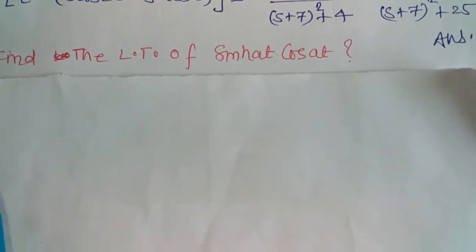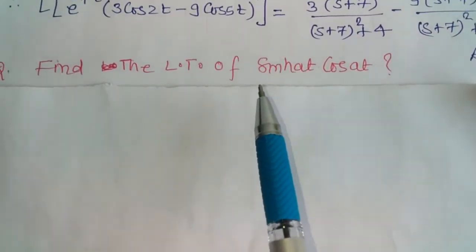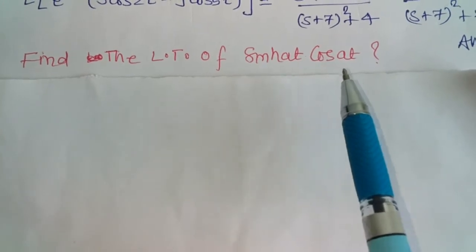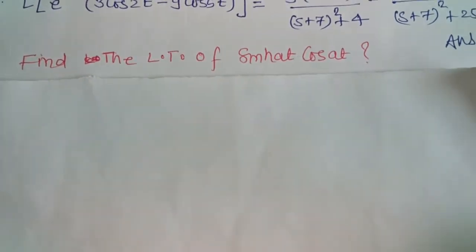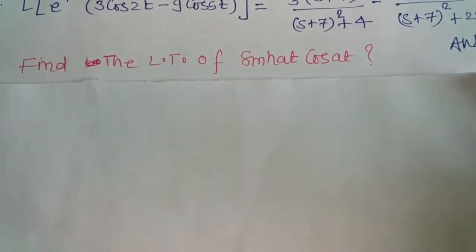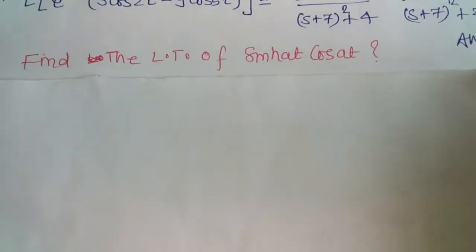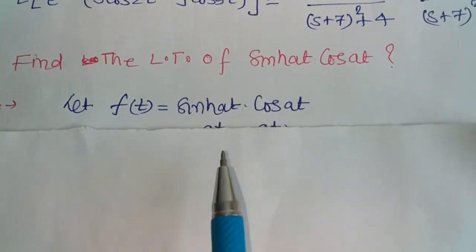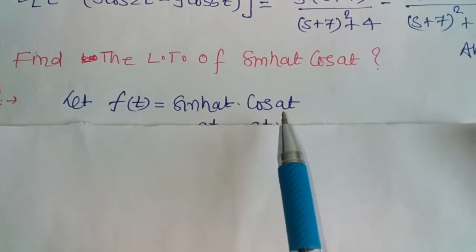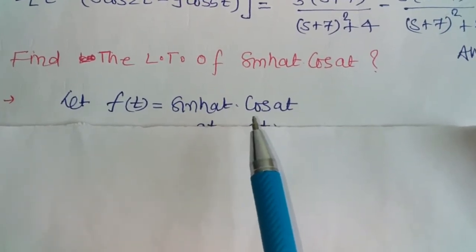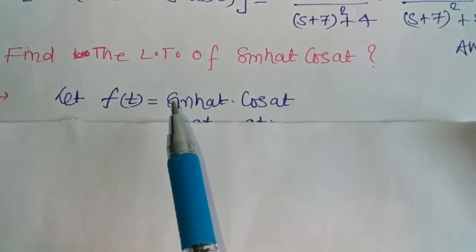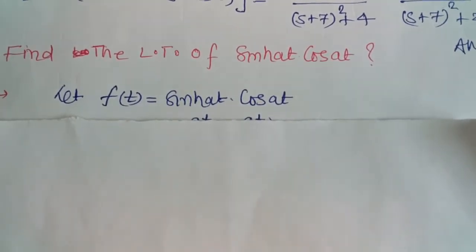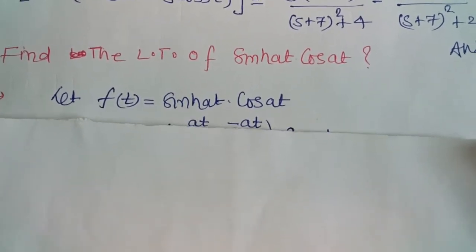Next question is, find the Laplace transform of hyperbolic sin at into cos at. So first we assume the given function is f(t). So f(t) is hyperbolic sin at into cos at, and as we know, hyperbolic sin at is e raised to at minus e raised to minus at by 2.